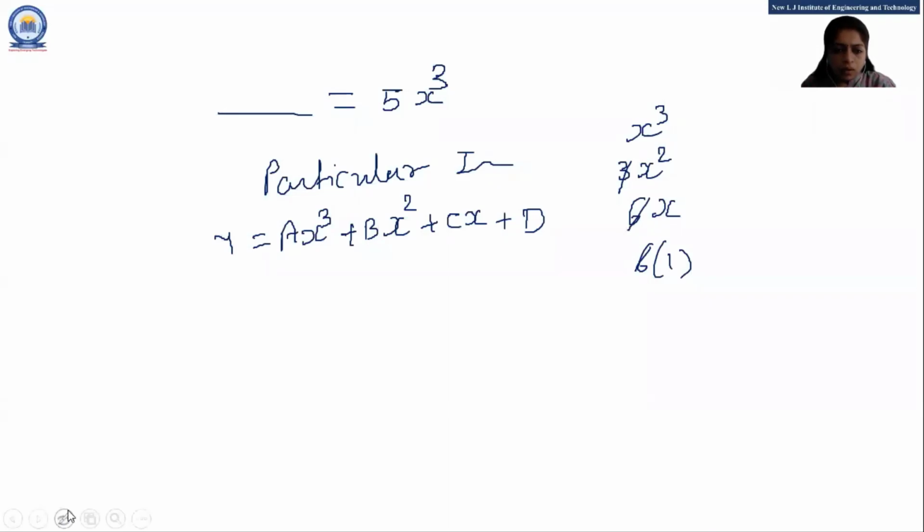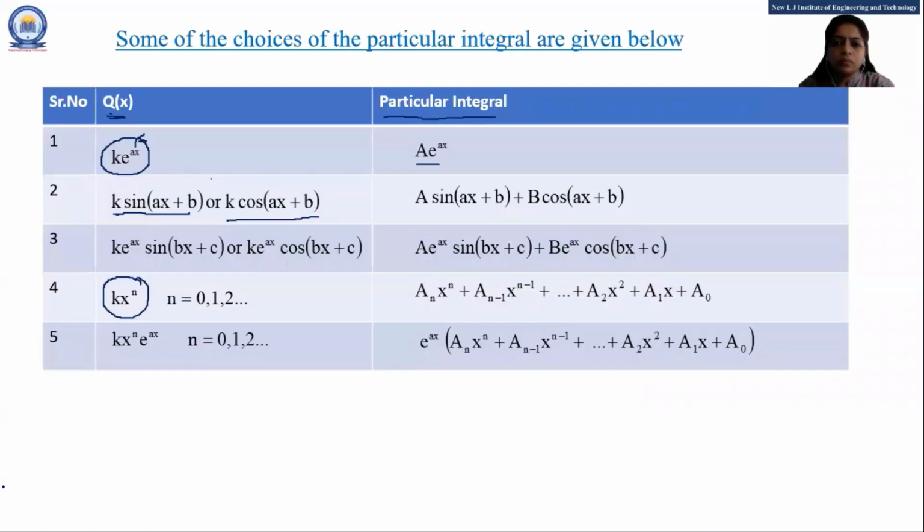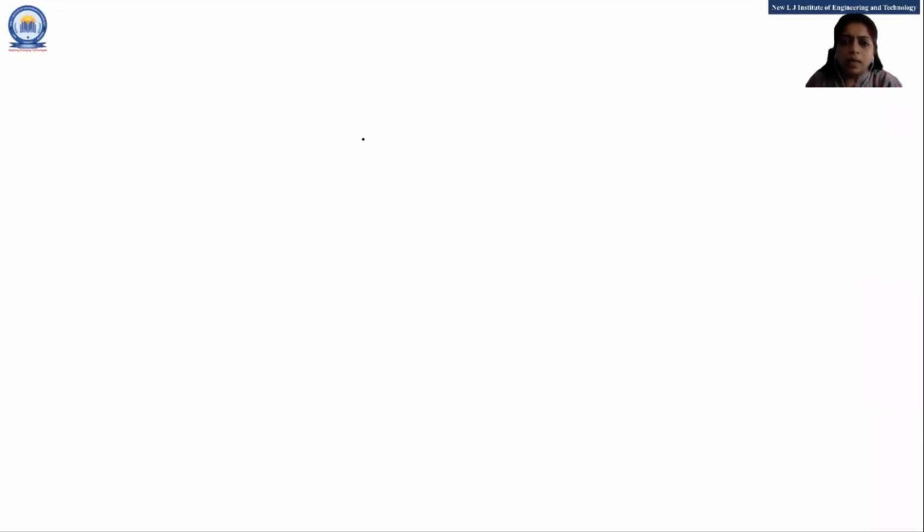Now, if your right hand side is like this, e raised to x, an exponential term into sine or cos, at that time you have to write it like this. Suppose your differential equation is equal to 6 e raised to 2x sine 3x, right?